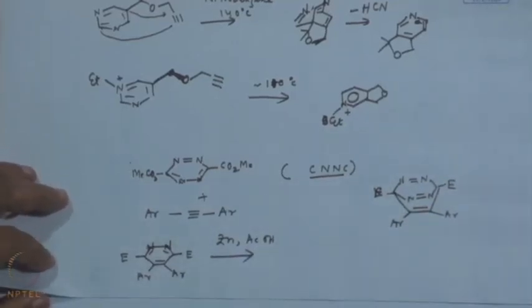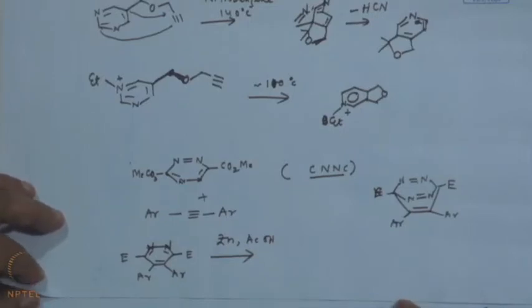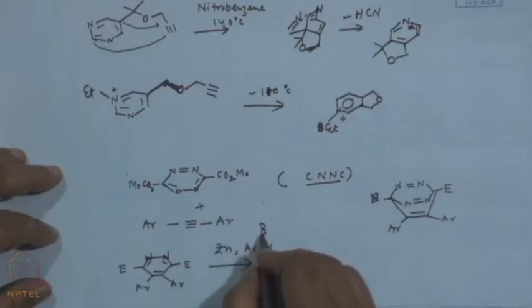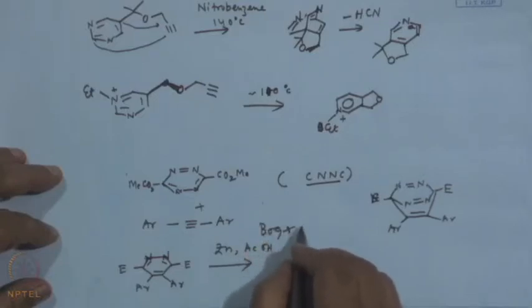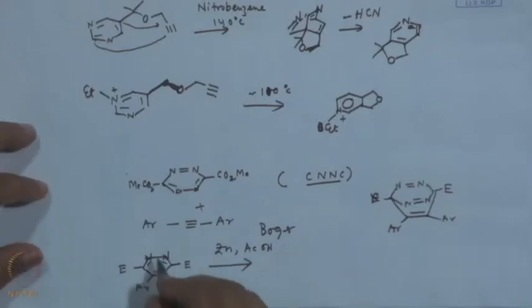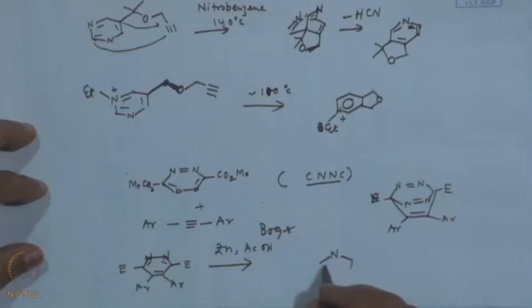What is it? It gives actually pyrroles. This is known as the Boger ring contraction. So, eventually what you will get is a pyrrole ring.